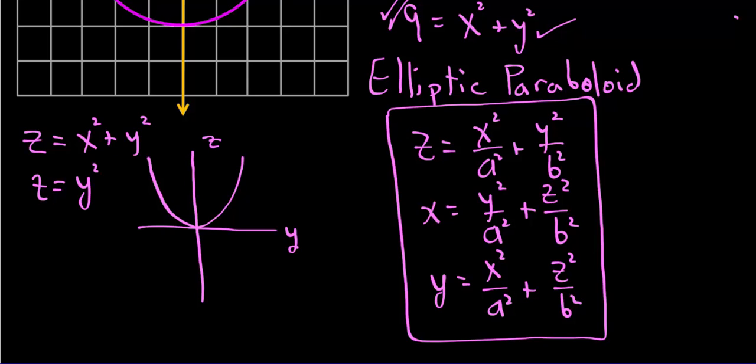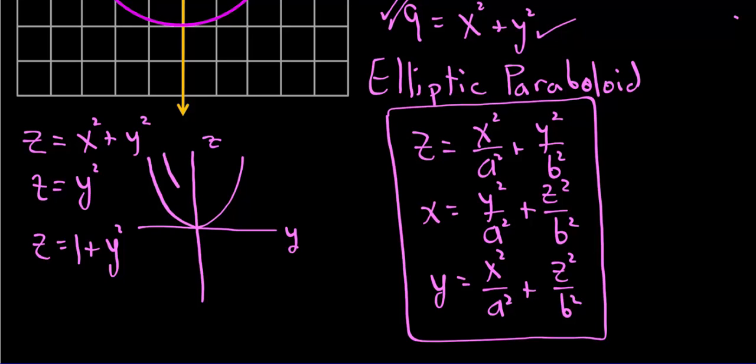So this is a trace also. Now notice we don't have to have x equals 0. We could say, let x be 1. Then we would have z equals y squared plus 1.